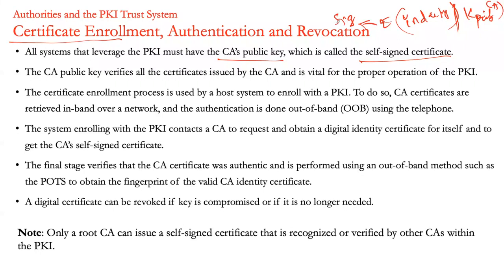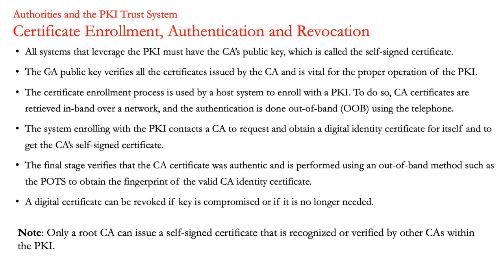So this will be sent to the certificate authority. Now the certificate authority uses the private key of the certificate authority to check the identity of the user, and the CA's public key verifies all these certificates which are issued by your CA for the proper operation of your public key infrastructure.